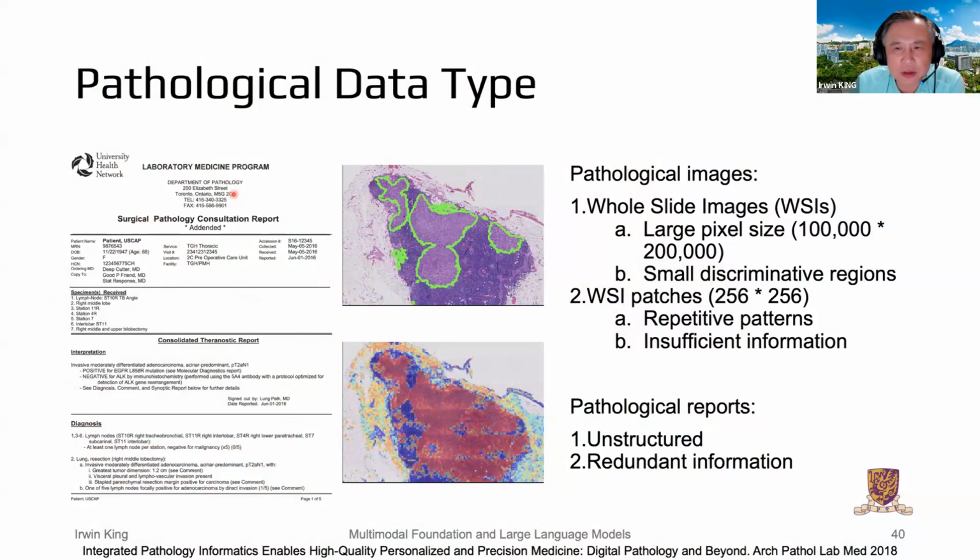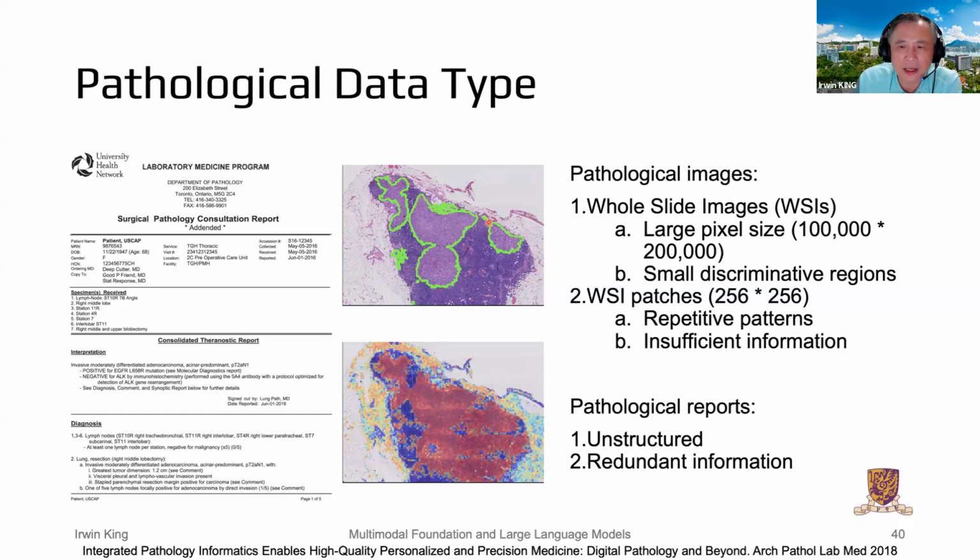And what we want to be able to do is this: from these pathological images and the reports here, we want to associate them not only to diagnose, to analyze where the tumor or the cancer is, but we want to be able to predict, and that's a much harder problem, where those cancers would be.